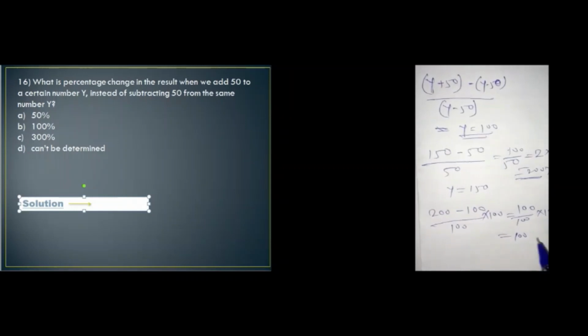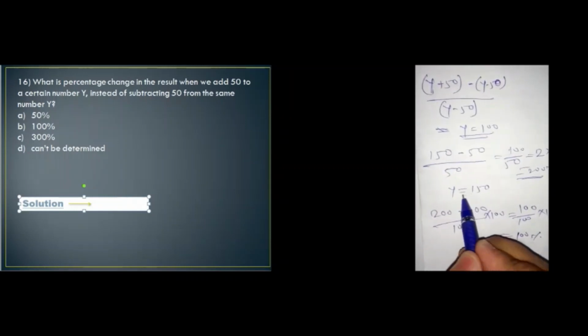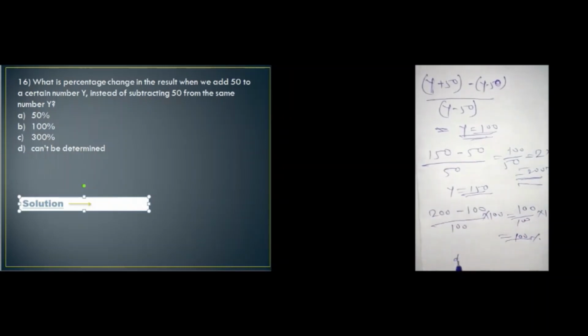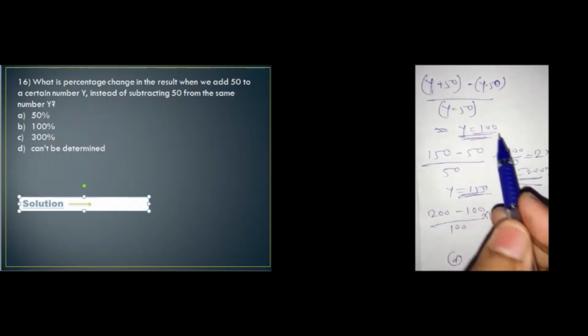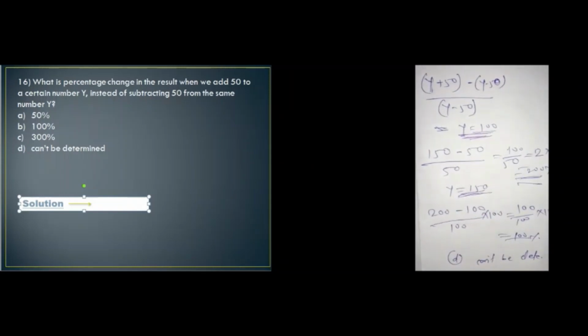So this percentage change is 100%. So if we change the number, the result is changing. So the answer is going to be option D, that is, can't be determined. When y equals the number, the answer is changing.